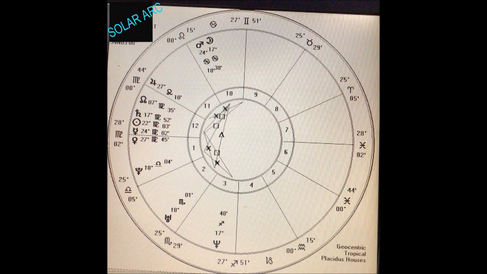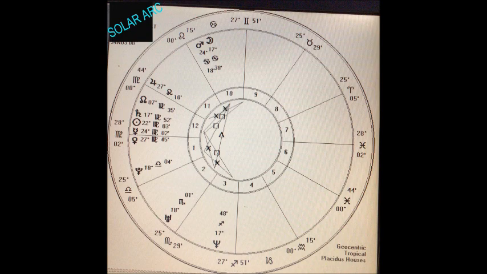Okay. When reading progressions, assess the ascendant and the progressed inner planets. I repeat, inner planets first, with special attention to the moon. The sun's position cannot be minimized.